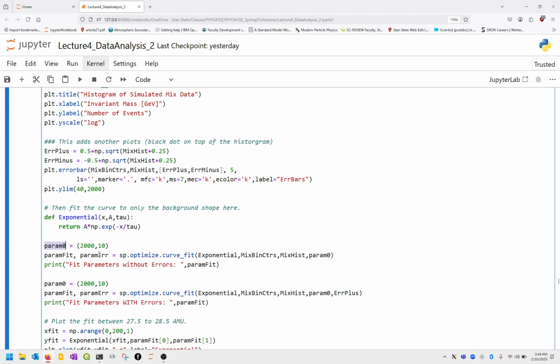Then you run this SciPy optimize curve_fit, which takes your exponential function, your x and y values, and the initial parameters. And I'm going to run this with both.